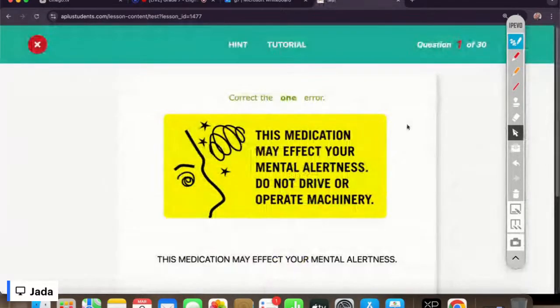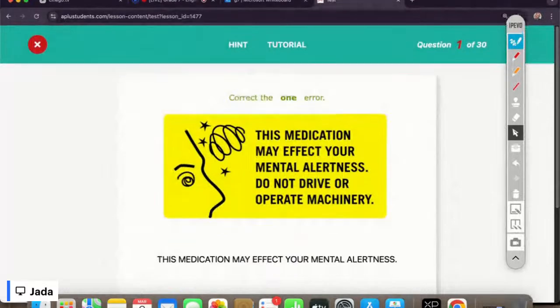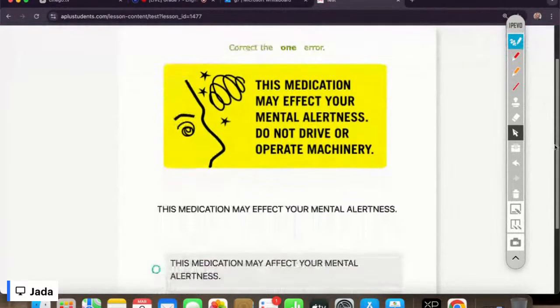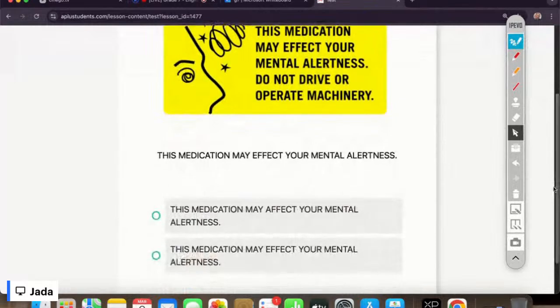All right, so correct the one error we have here. This medication may effect your mental alertness. Do not drive or operate machinery. So can you check here and tell me what is the error here?